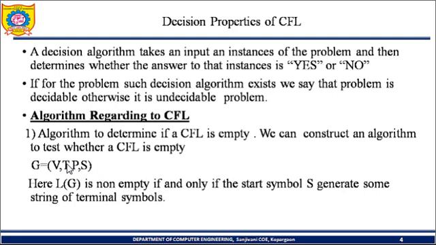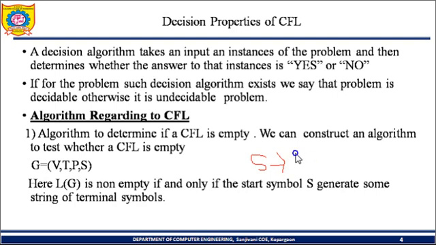For example, G is equal to (V, T, P, S). Here we are going to say that the given grammar is non-empty if and only if the start symbol S generates some string of symbols. If some strings of symbols are generated with the help of the start symbol, then we say that the grammar is non-empty.